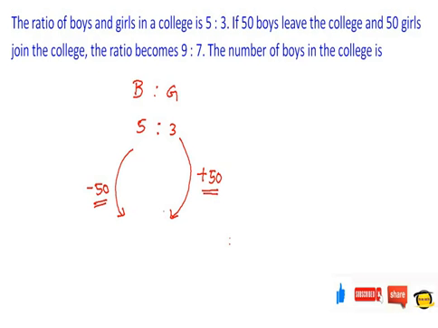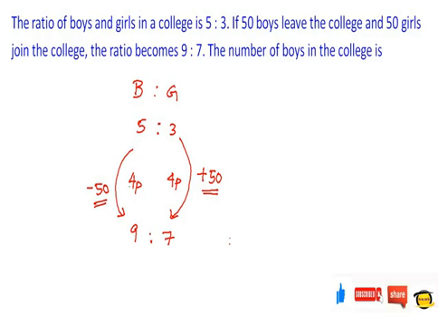And because of this, the ratio changes to 9:7, right? So what is the change in the number of parts happening with the boys part? 5 becomes 9, which means there is a change of 4 parts. And also in the count of girls, there is a change of 4 parts. 3 becomes 7, right? So these two changes are identical to each other.